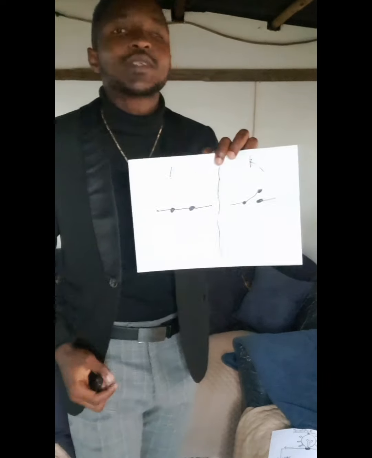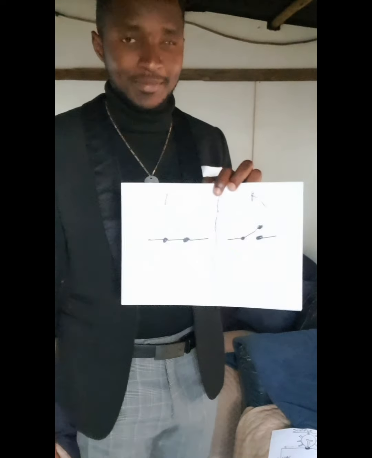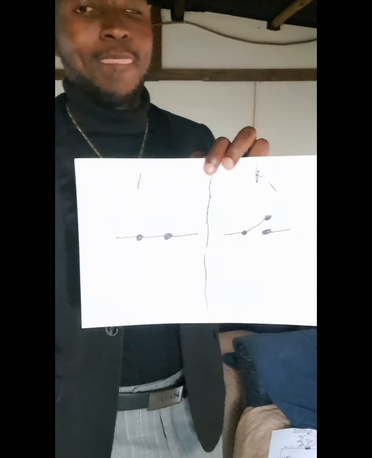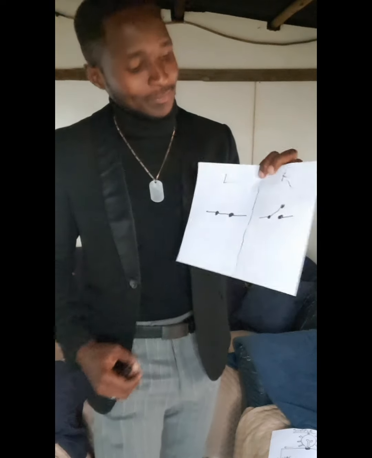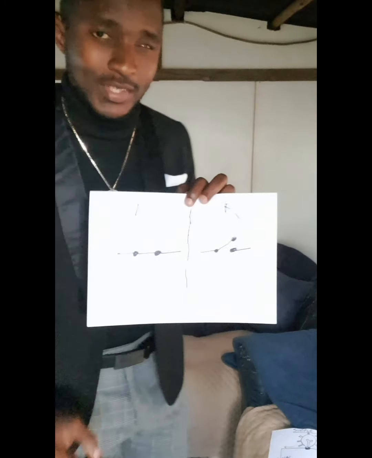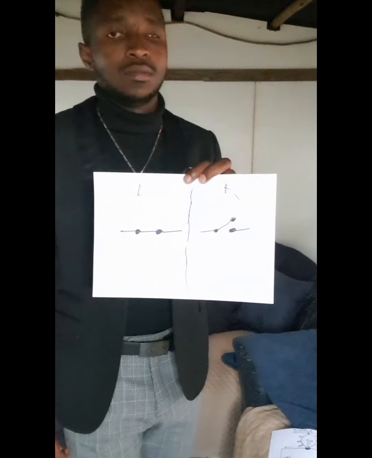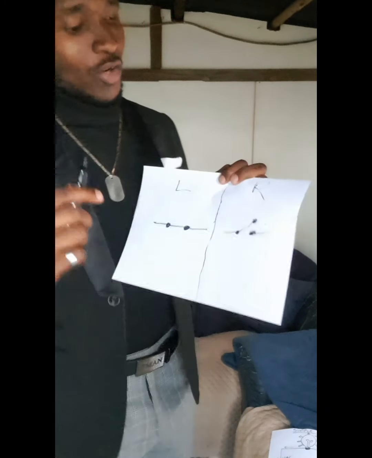Which switch is an open switch? Or should I start with the closed switch? Exactly. The left switch is a closed switch. So what about the switch on the right? It's an open switch. Right.